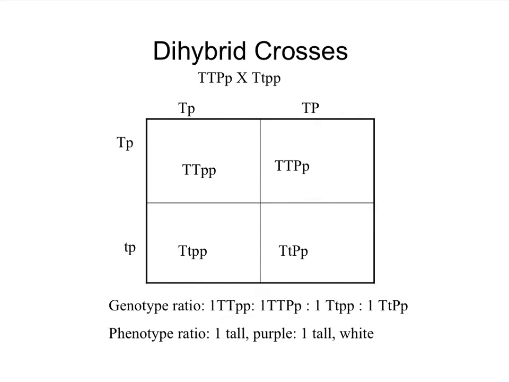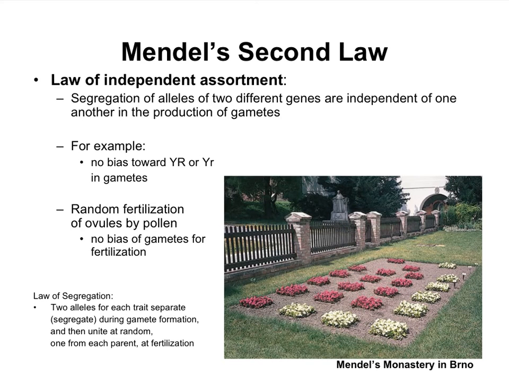You have one of these, one of these, one of these, one of these, and you have tall and purple and tall and white. This is one way you can represent what you see. And of course, these numbers need to be reduced. Here, you don't need to reduce them because you left out the other 2 repeats, but you'd have to reduce them if there are repeats. See, here's the genotypes.